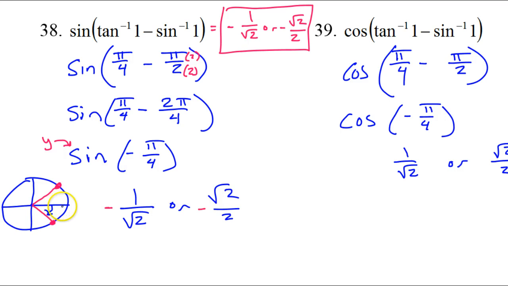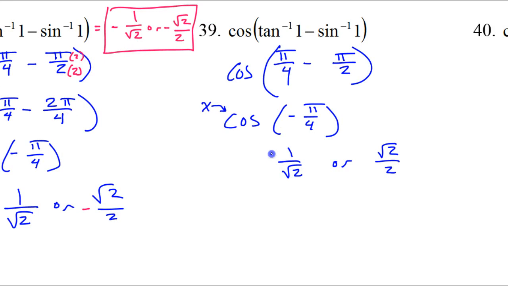Well, cosine is the x value on the unit circle, and x values are positive on the right-hand side. So both of these will be positive. So this is going to be the answer, no need for a negative sign: 1 over radical 2, or radical 2 over 2, positive.